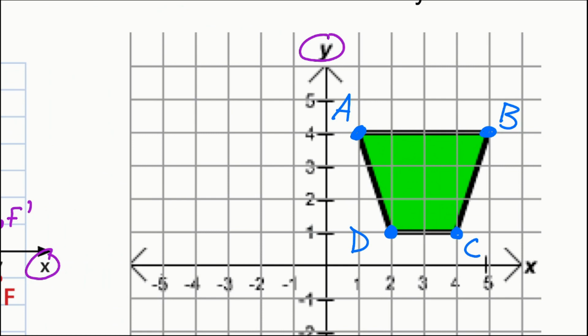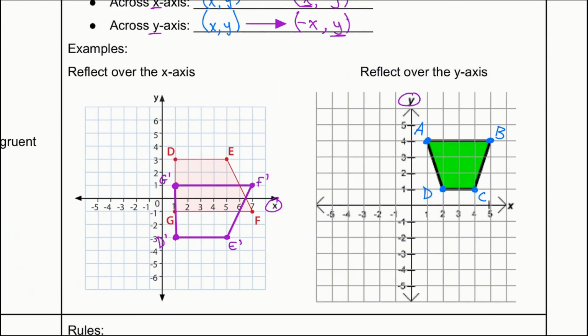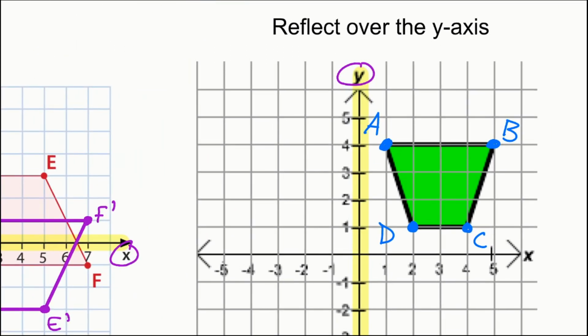A is 1 unit away from that y-axis, that line of reflection. Let me do this. That indicates our line of reflection. So A is 1 unit away from that, so it should be 1 unit on the other side of that. That's going to be A prime.